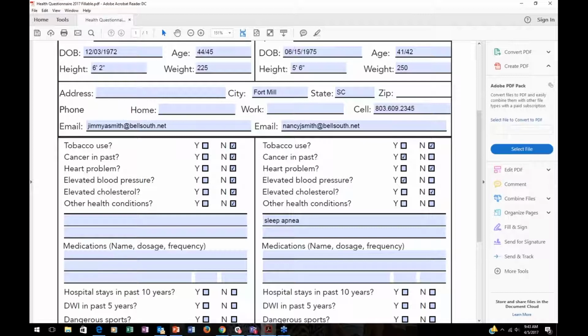So my point here is, when we get to this section, if we haven't really got the information we needed on their health, it might come out right here when we ask them if they're taking any medications. We need to know the name, the dosage, and the frequency of that medication.